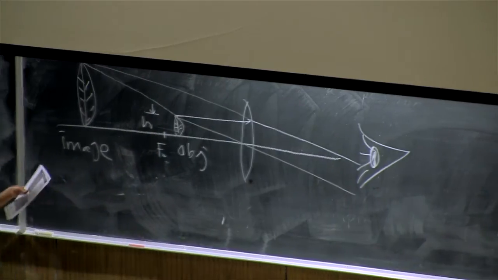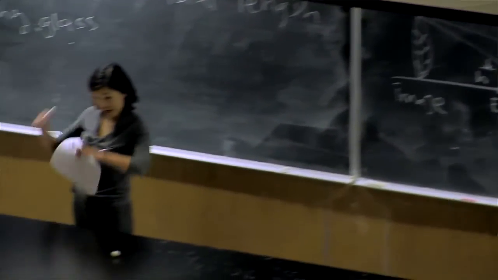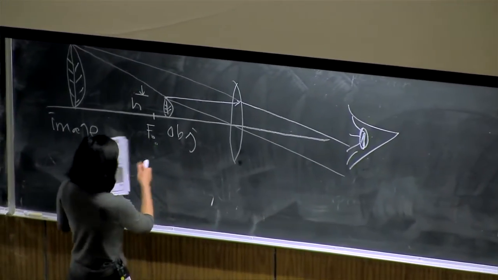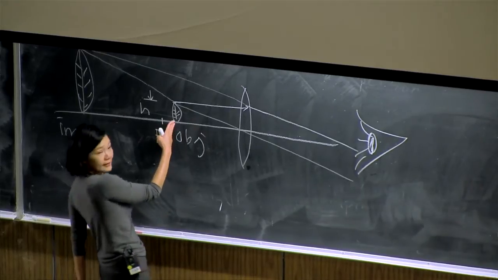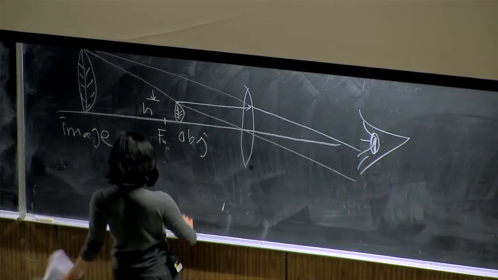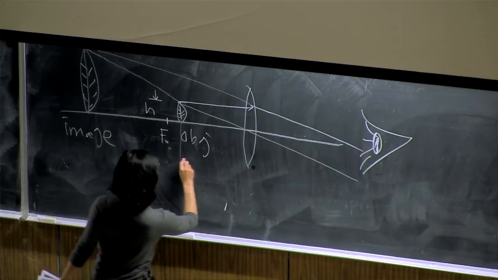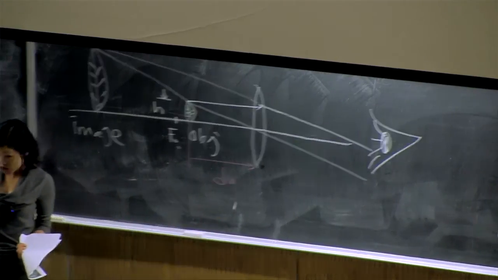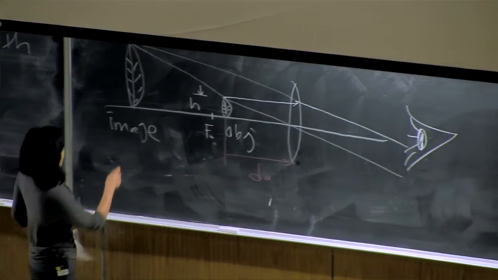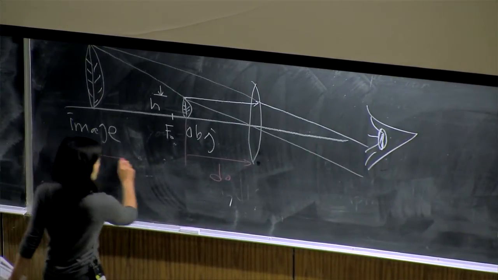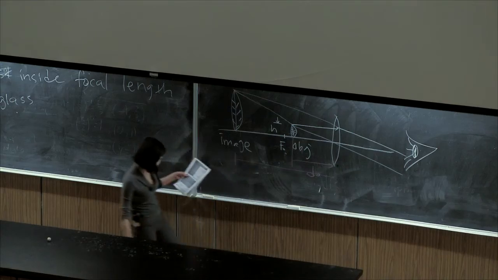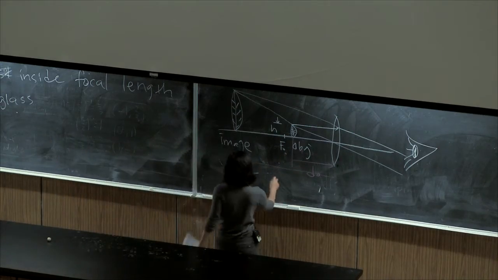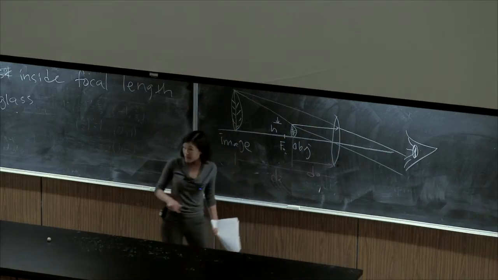And let's suppose the object has a height of h, all right? And the distance between the object and the lens, this is the object distance. And the distance between the image and the lens, this is the image distance.